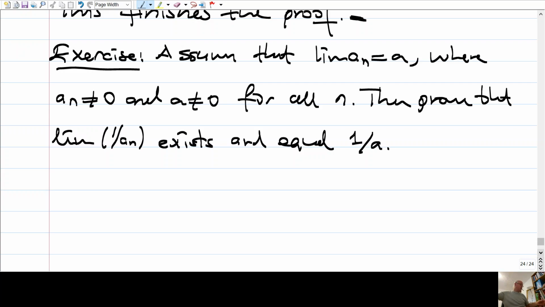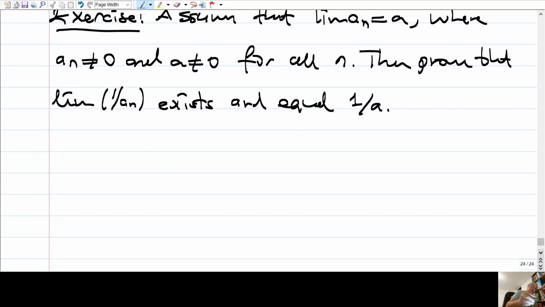All right. Now, as an application of this, we can, for example, compute such limits.